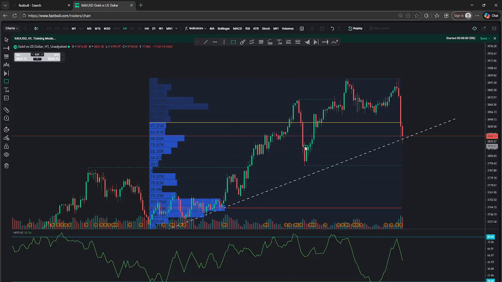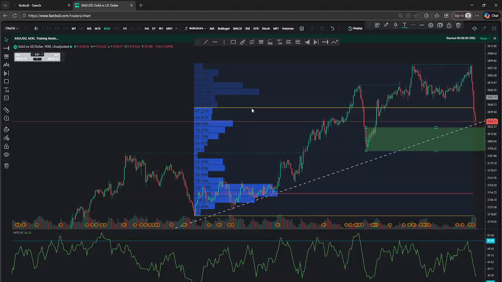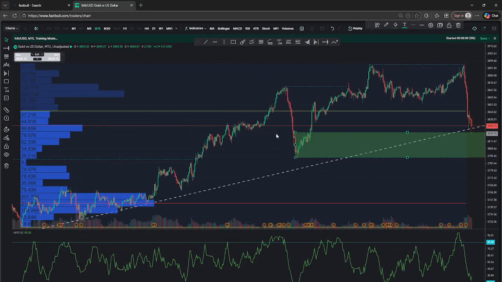So we have this demand level. One, we have this structure, we have this structure, we have this internal structure. This should be an internal structure in 15 minutes. Let's confirm.